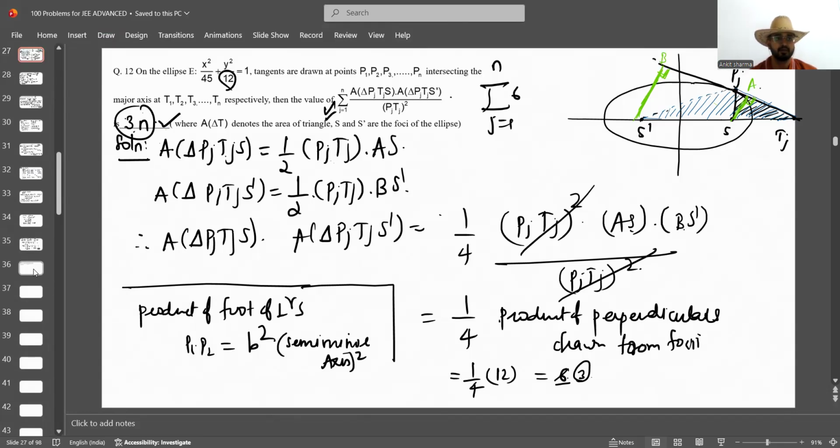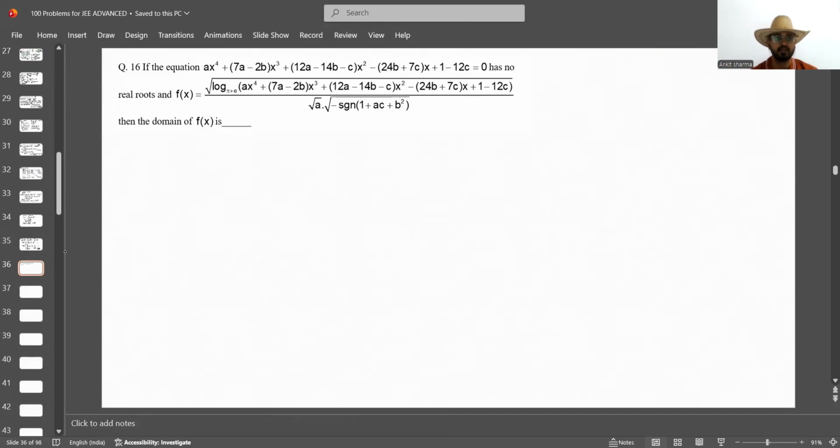Let's go ahead and take the 16th problem of this series. We have this equation, and this equation has no real roots. Then it is given that f of x is equal to the square root of log of this entire expression. For the log in the square root part, we already know that this should be positive.